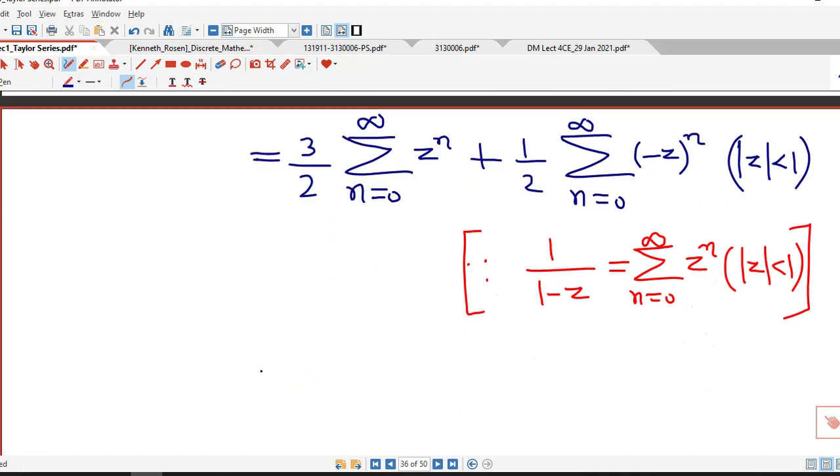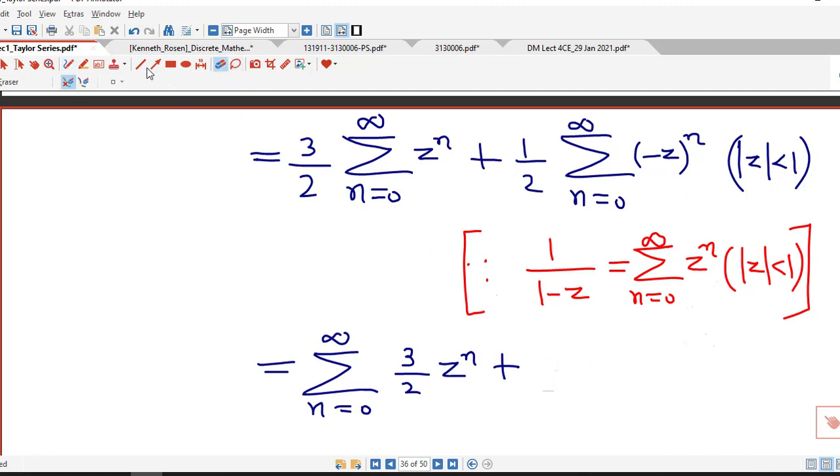Now we just have to rewrite; we can combine both the summations. Here we have 3 by 2 into z raised to n plus 1 by 2. We take 1 by 2 inside the bracket, and (minus z) raised to n can be written as (minus 1) raised to n into z raised to n.